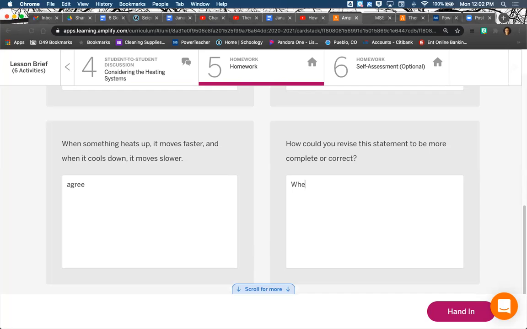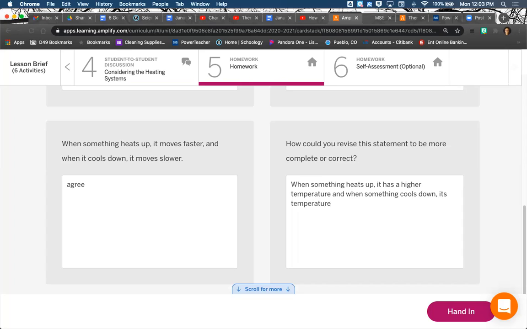Okay, I agree. By saying when something heats up, it has a higher temperature. And when something cools down, its temperature decreases.